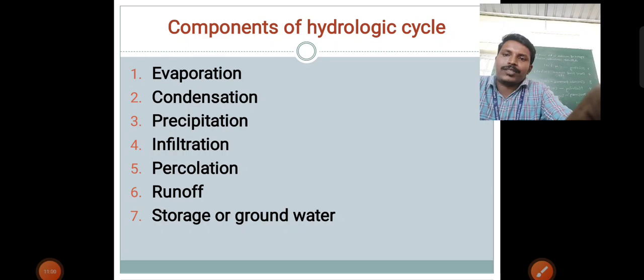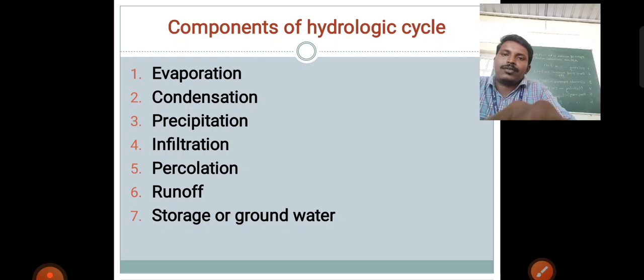Next one, percolation. What is meant by percolation? It is similar to infiltration. The water deeply absorbed or deeply infiltrating into the soil is called percolation.